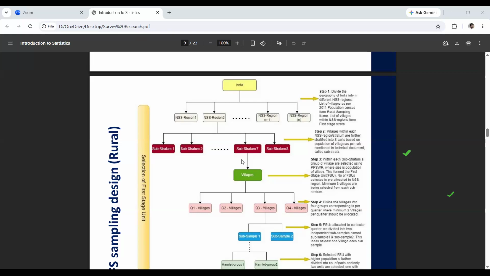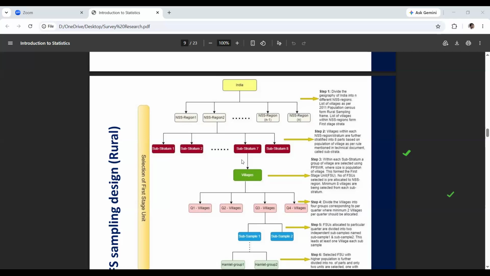Now within urban, we will not discuss urban. Within rural, we obtain the list of all villages from Census 2011, and that serves as the sampling frame. So suppose we get the list of all villages for North Bihar from Census 2011, and we also get some more information, like the percent SC/ST population, percent female literacy, the total number of households, and the total population in 2011.